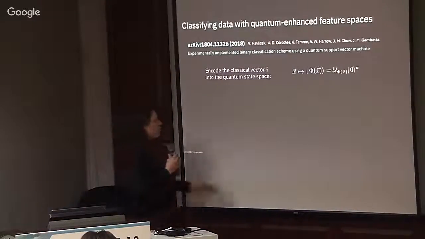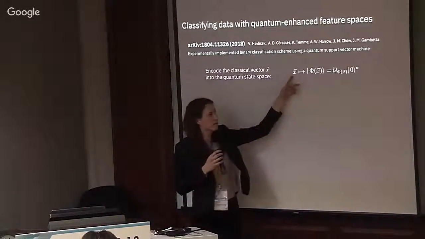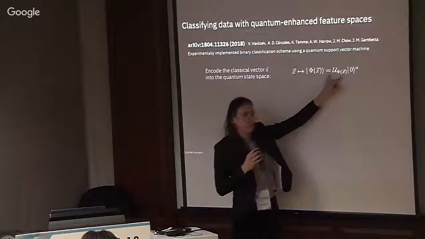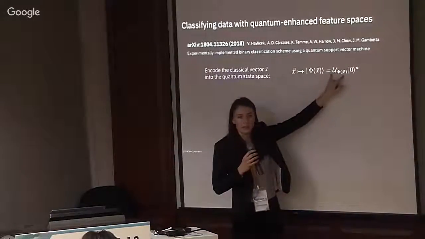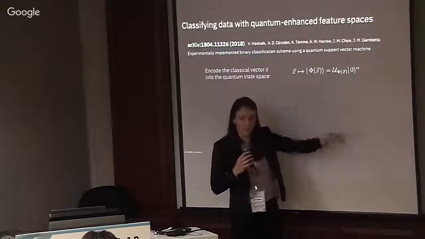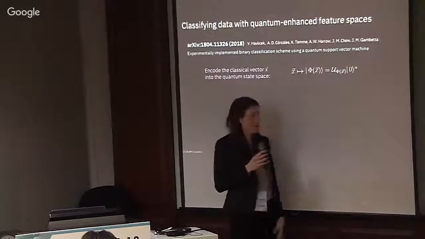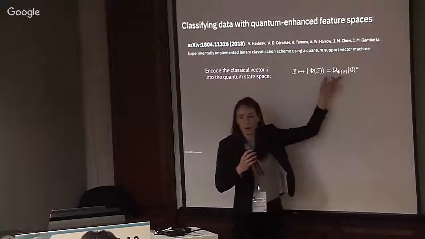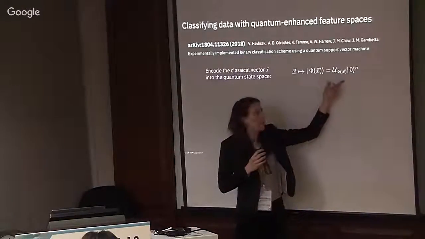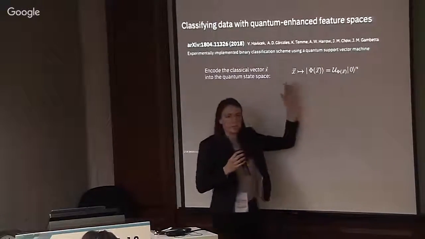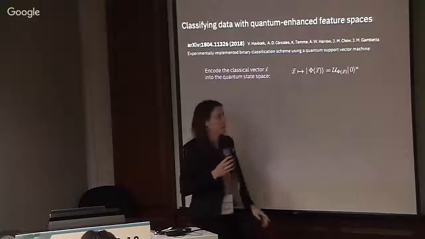So you take your classical vector x, and then you apply some unitary gate made of many smaller gates that somehow encodes your classical vector, and apply that to an initial state. So this represents the quantum feature map.